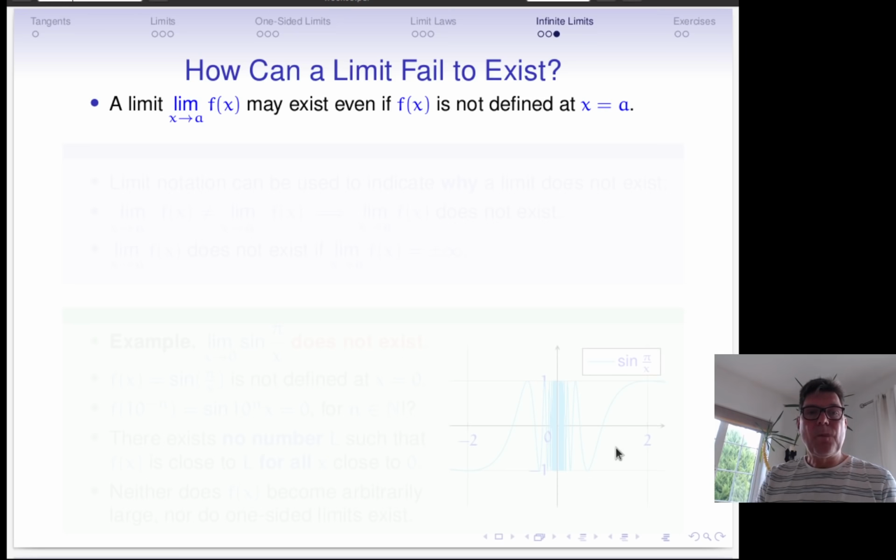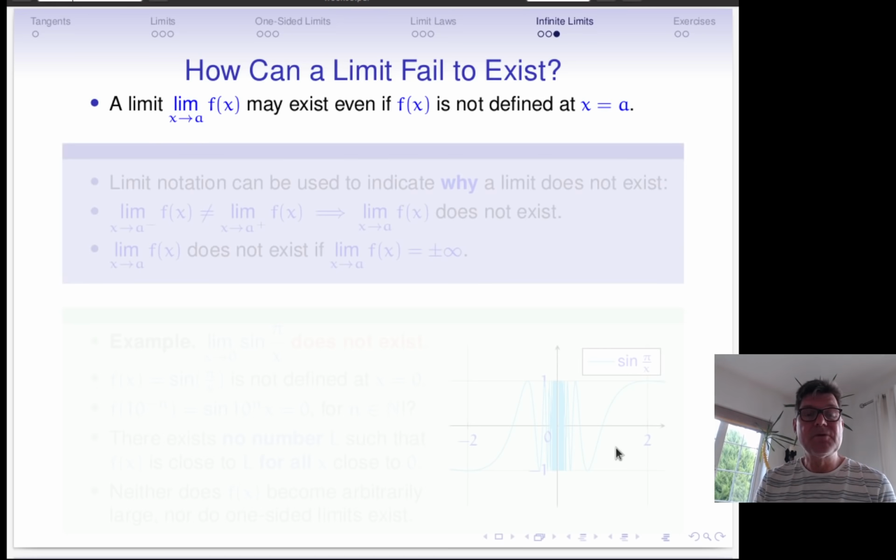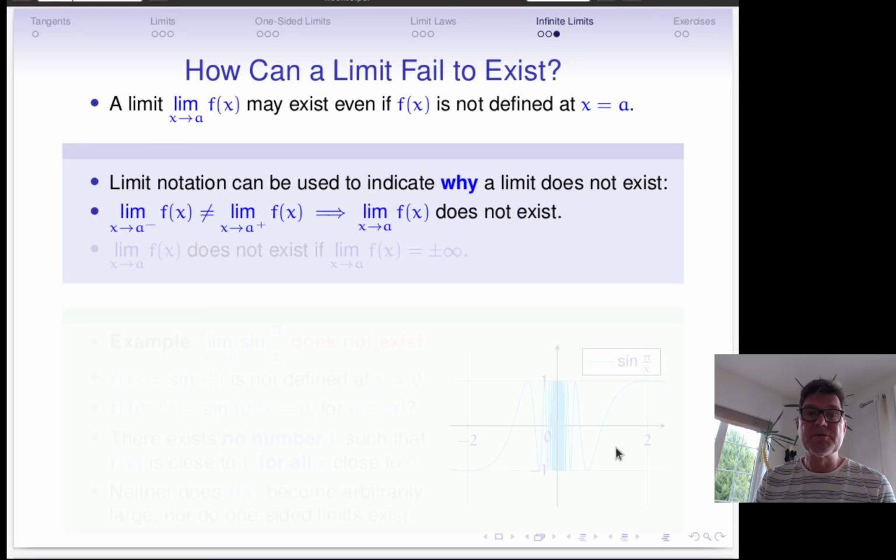So now we've seen that the limit as x goes to a of f of x may exist even if the function f of x itself is not defined at a. But some limits certainly do not exist, and sometimes limit notation is used to indicate why a limit does not exist. We've seen these one-sided limits, for example.